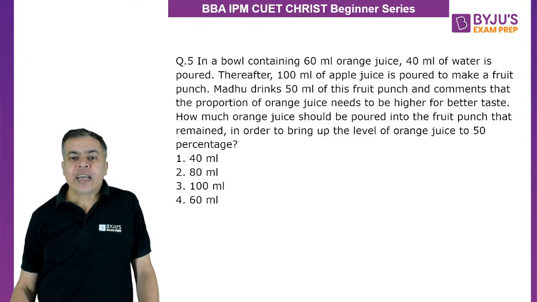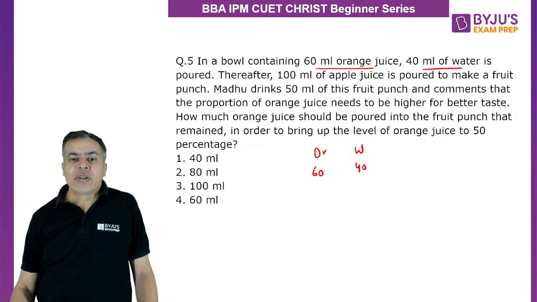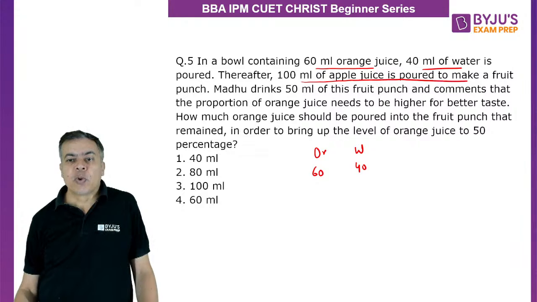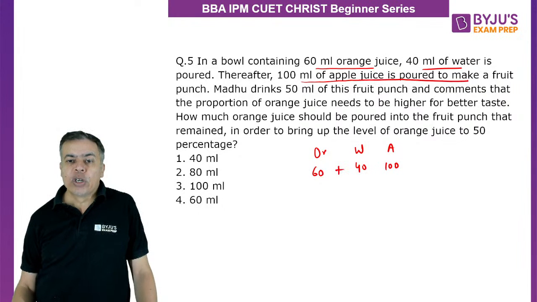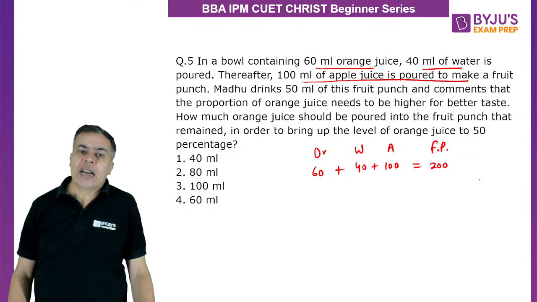In a bowl containing 60 ml orange juice and 40 ml water, thereafter 100 ml of apple juice is poured to make a fruit punch. So apple juice also I am adding. So total fruit punch, what we are getting, is 200 ml.